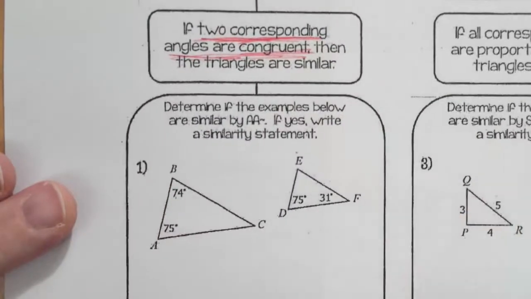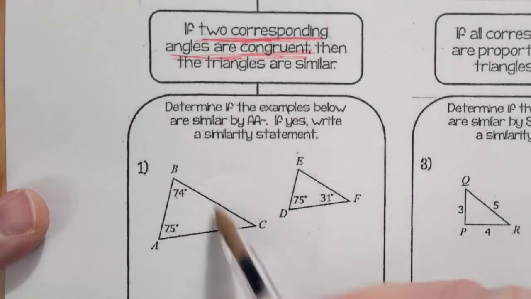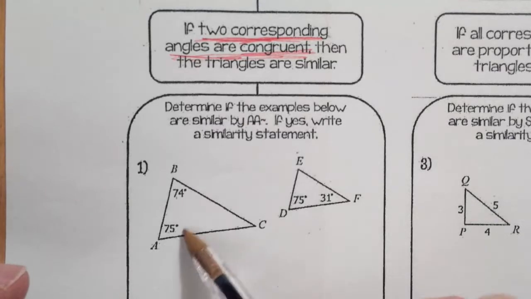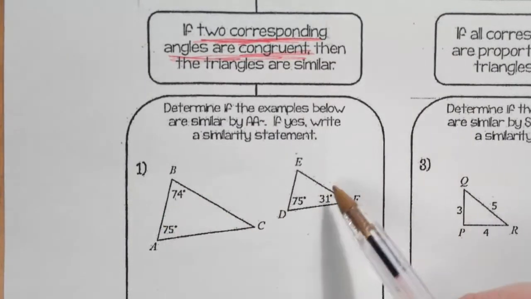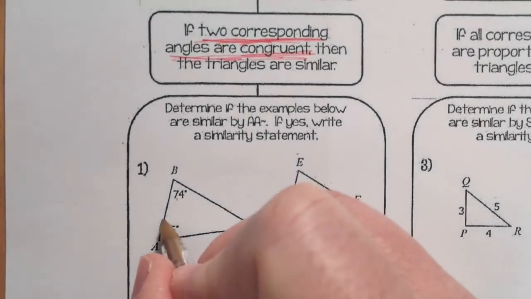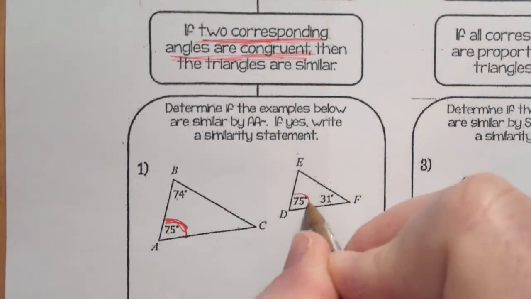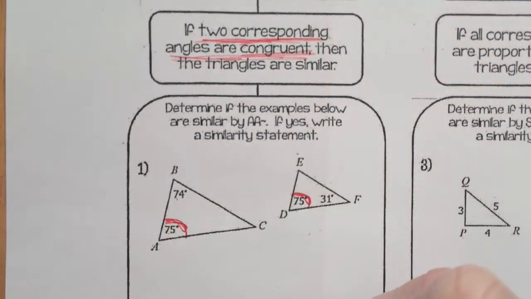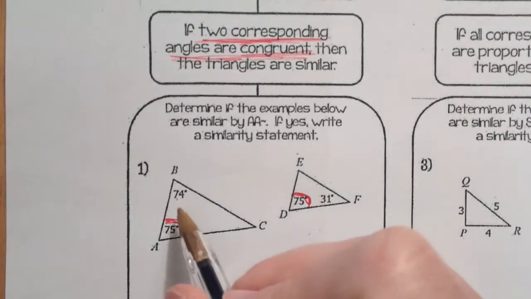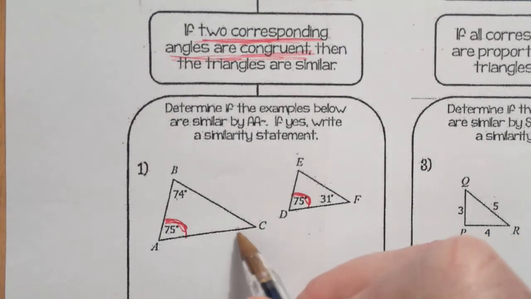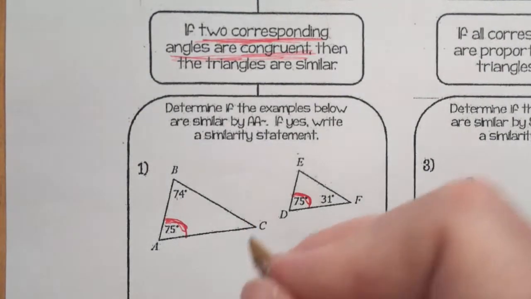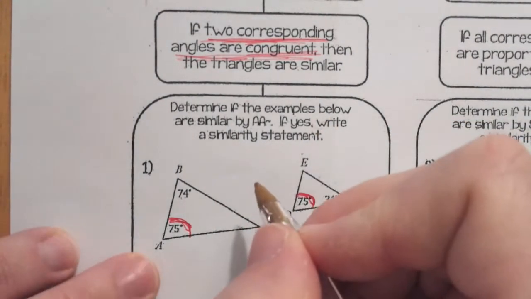All right, so when you have these angles, the first thing you should really do is actually find all 3 angles. Just because these 2 angles, we know that this angle right here is equal to this angle right here. That's excellent. But this 74 does not equal this 31. Well, maybe it's our missing angle. So I'm just going to show a little bit extra work.